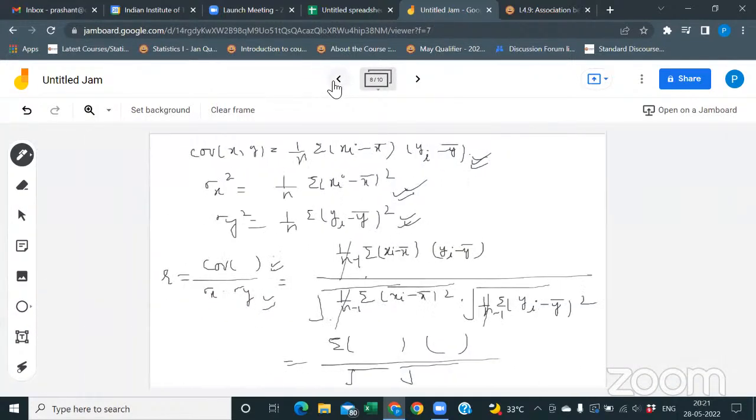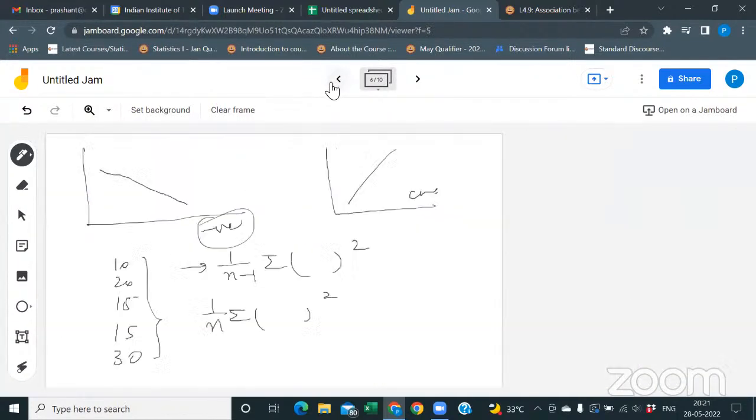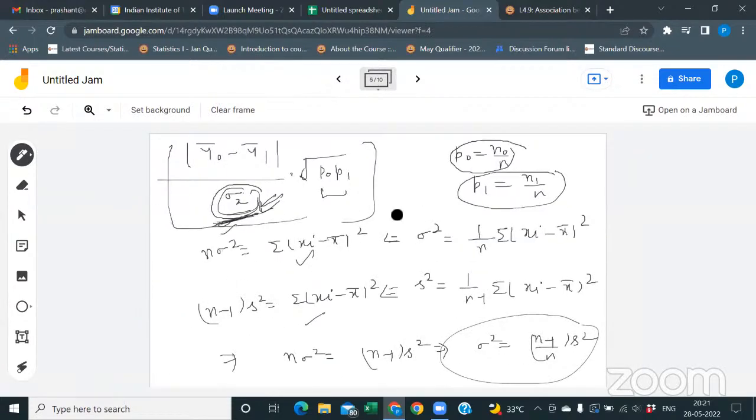I explained earlier. You know your sigma square is 1 by n summation xi minus x bar square, and your s square is 1 upon n minus 1 summation xi minus x bar square. So can I write this, n times sigma square equal to summation xi minus x bar square?